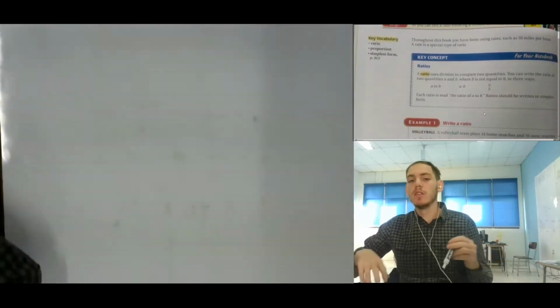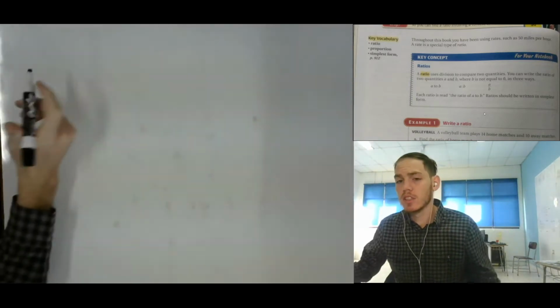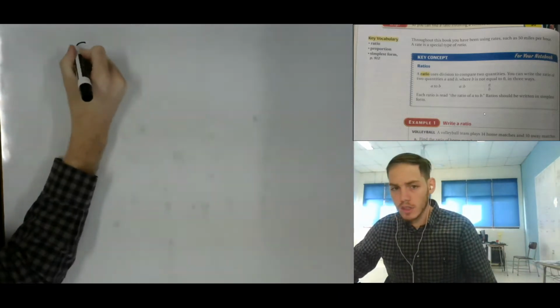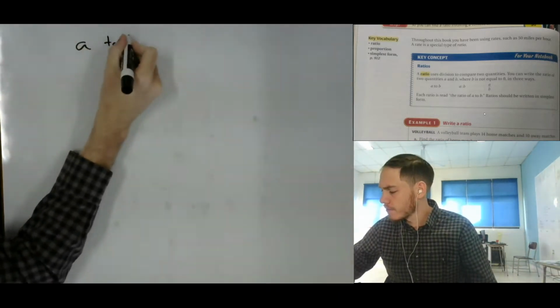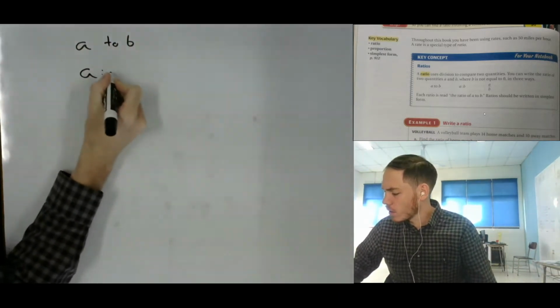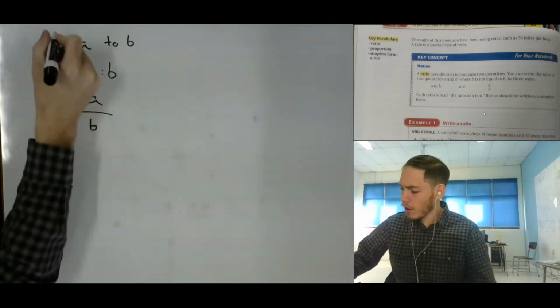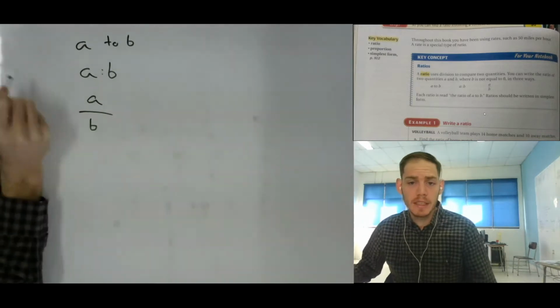So, a ratio is comparing two quantities by division. You write it in three different ways. So it's quantity A and B, and B cannot be 0. It's either A to B, A colon B, or A over B, okay? All three of these mean the same thing.